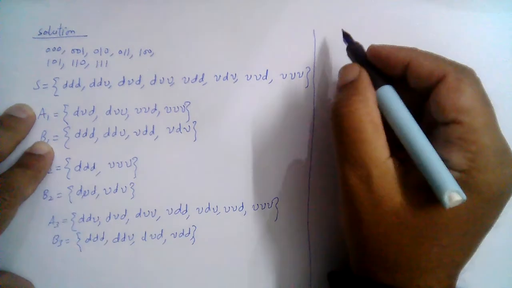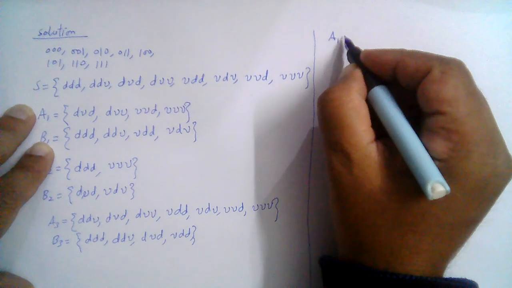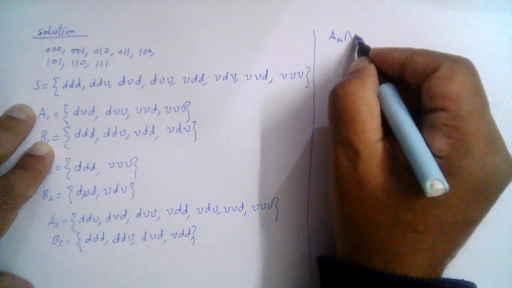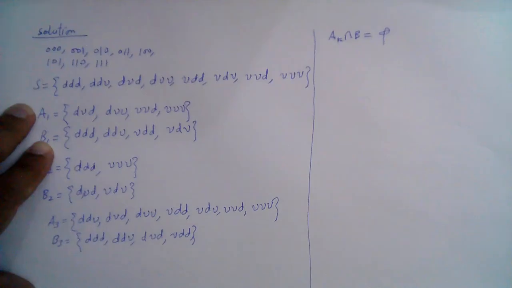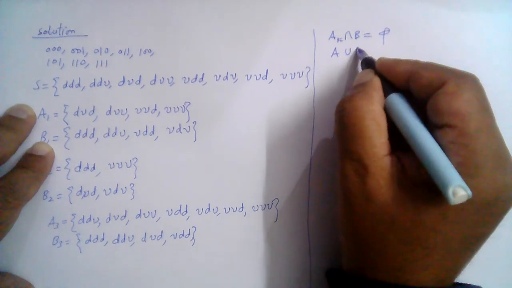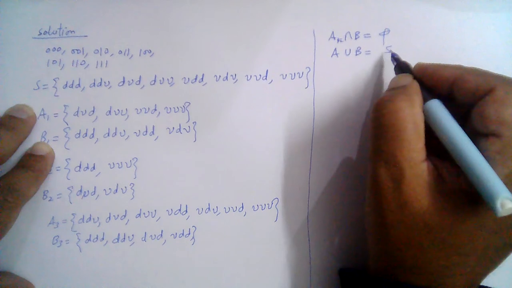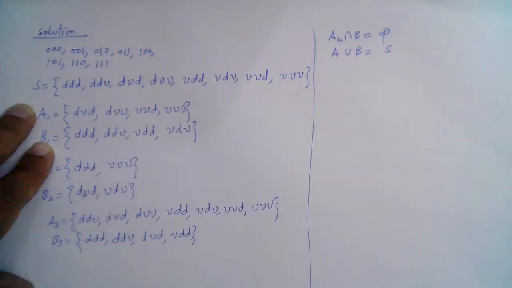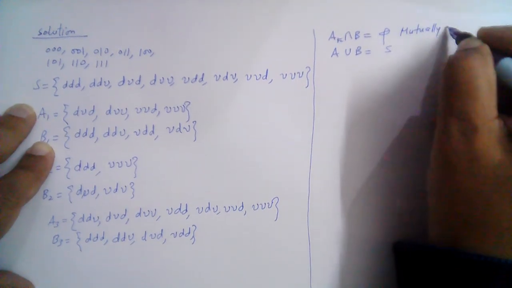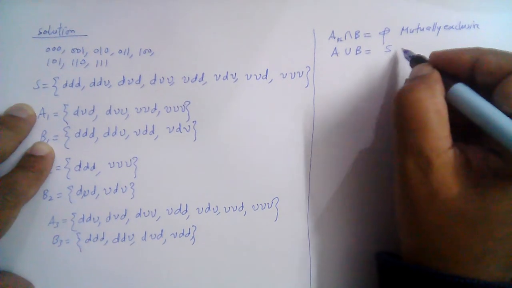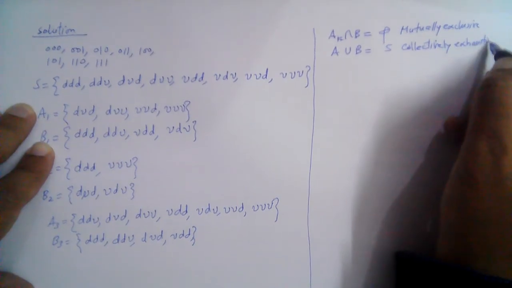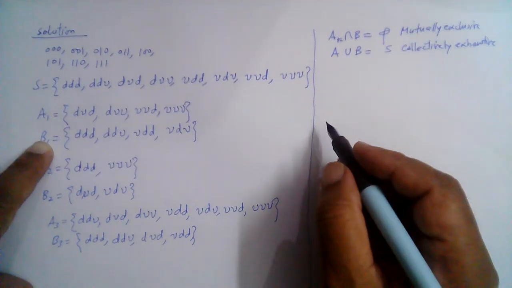So 2 sets A and B are mutually exclusive if their intersection is the null set, and 2 sets A and B are collectively exhaustive if their union is the universal set or the sample space, right? So let's test A1 and B1.